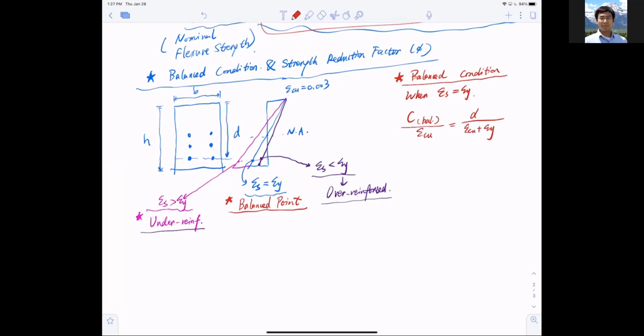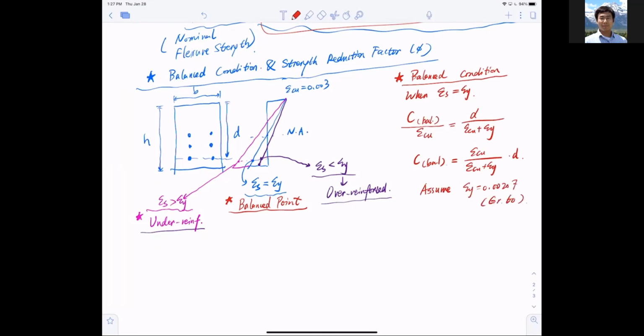Now I can push further. I can compute that the balanced compressive zone equals epsilon Cu divided by epsilon Cu plus epsilon y, multiplied by d. Now let's assume epsilon y equals 0.00207, or in other words, grade 60 steel.